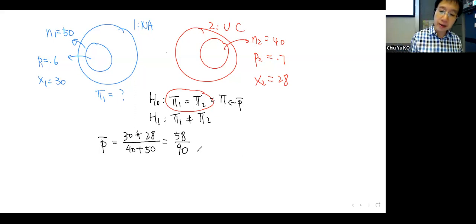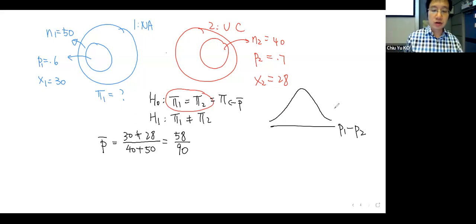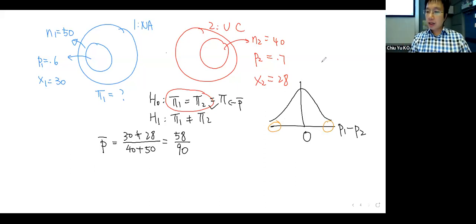But now with the grouping, the question we want to see is if the groups are different. So we have P1 minus P2. The sample proportion, remember, is a random variable, so we have a bell curve here, and the center under this null is 0, right? There should be no difference, and we would worry if it's too low or too high.